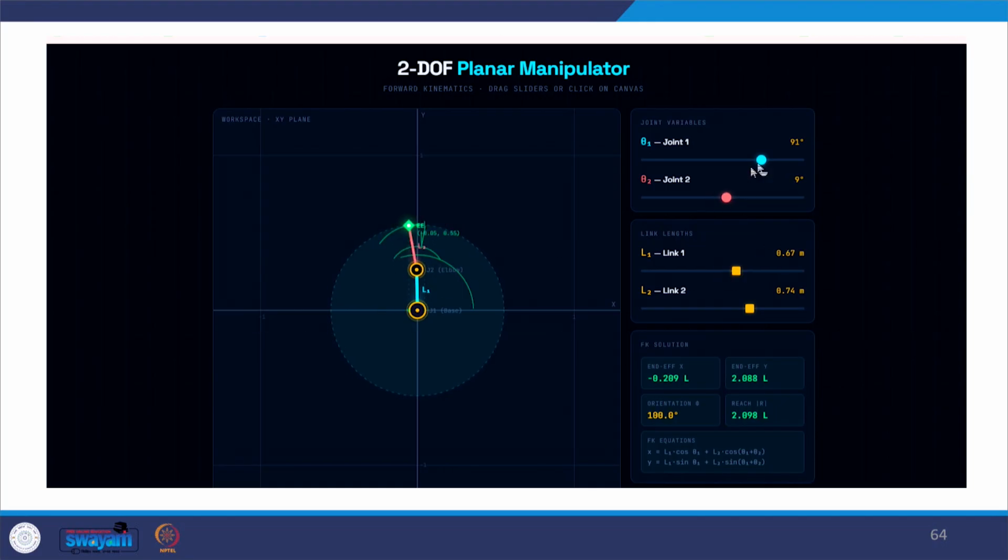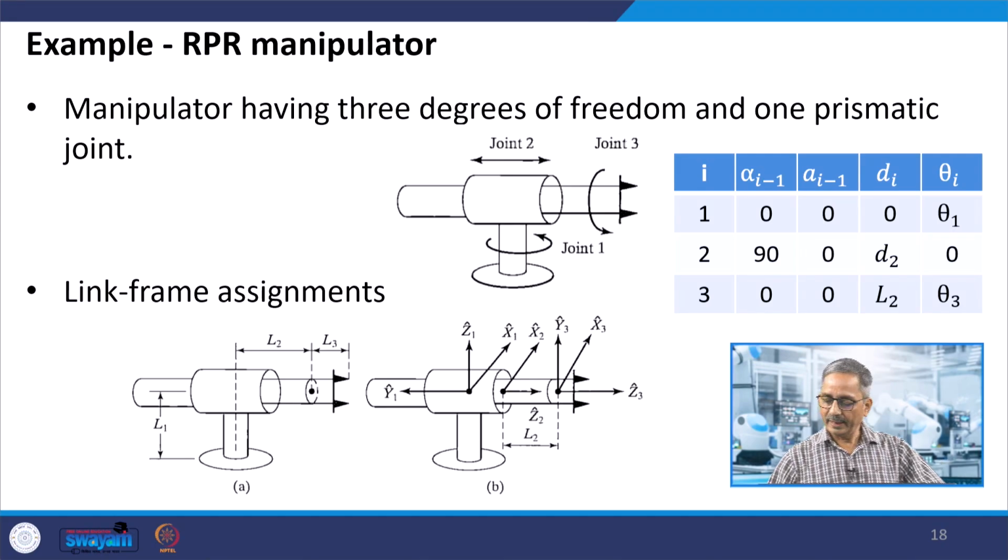Essentially, in this forward kinematics we are changing the values of joint angles theta 1 and theta 2, and we are getting different values of the x and y of the end effector. Okay, there is another example I can take, and I will demonstrate this quickly, involving a prismatic joint.